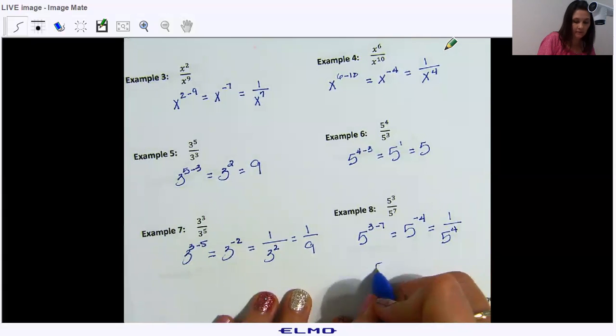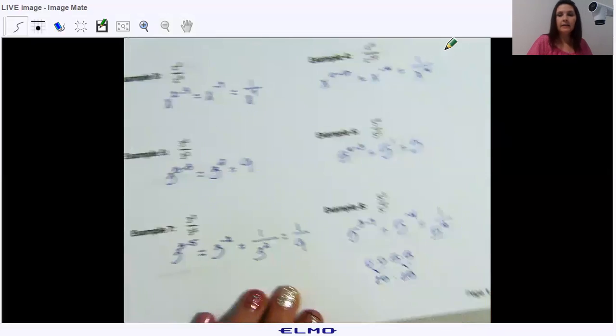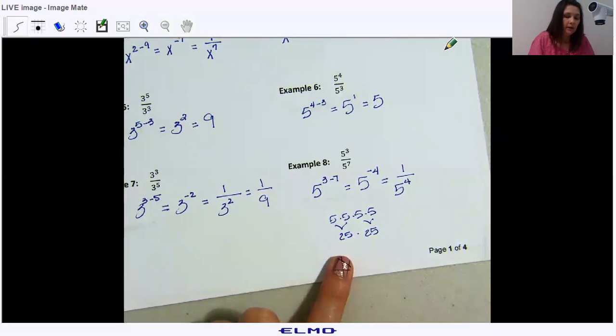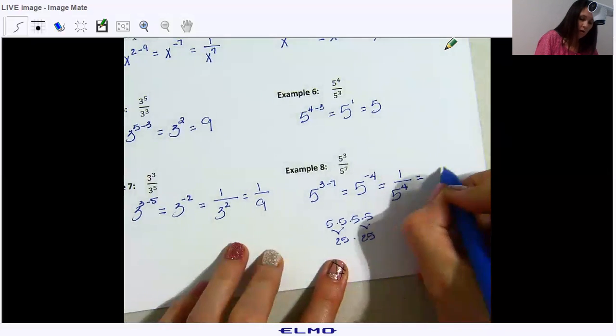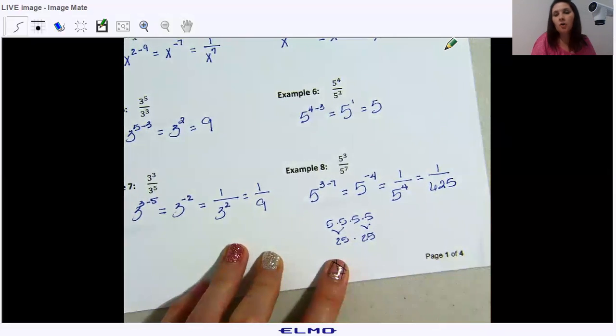So we have 25 and 25. And it'd be a really good idea for you to try to memorize 1 through 25 when you're doing squares. And so it would be 1 over 625. It just makes it go a lot quicker if you know those already.